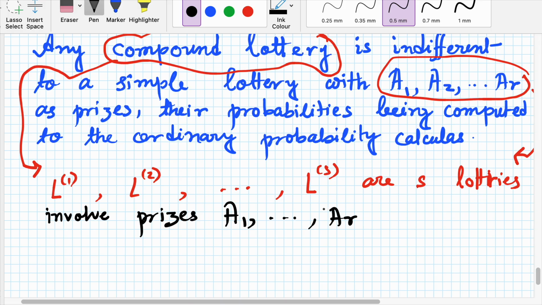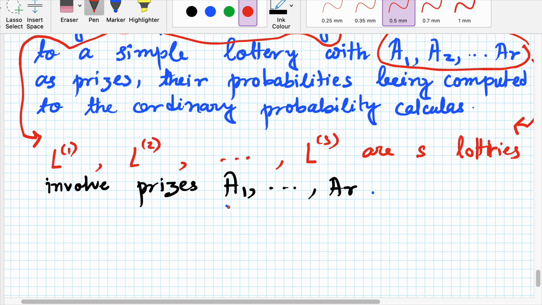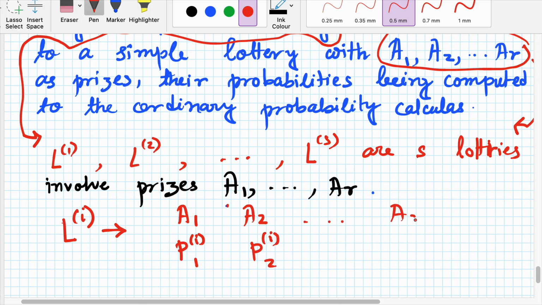A lottery involving some probability combination of A1 to AR is called a simple lottery. Now, A1 with what probability? Suppose lottery LI is defined such that in LI, the A1 prize will appear with probability PI1, similarly A2 with PI2, and similarly AR with PIR.